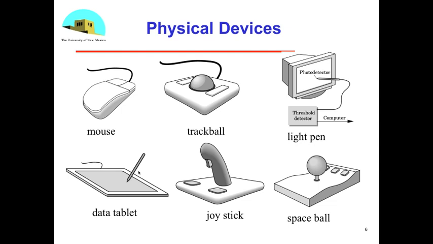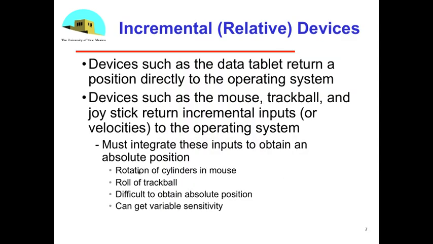But the main difference that I want to focus on for a minute here is the difference between these incremental relative devices like the mouse and the trackball and devices like the touchpad, which are absolute positioning devices. What usually happens also, another point we should make here, is that what a lot of these devices return is not position information, but kind of velocity information.